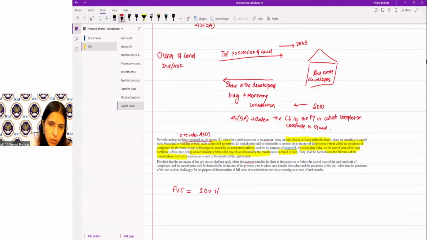Stamp duty value of the share in land or building in the developed project as on the date of issue of completion certificate plus monetary consideration received.